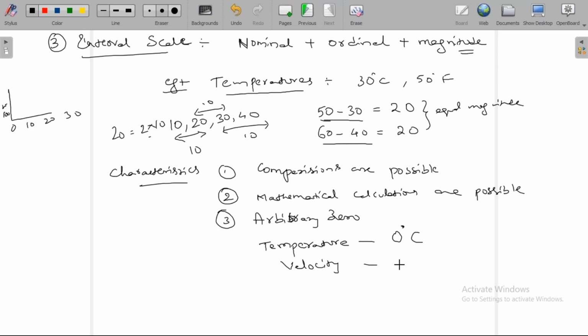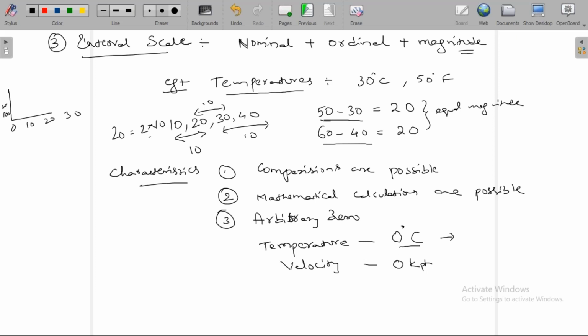Try to understand this: arbitrary zero and absolute zero. Arbitrary zero means temperature, like 0 degrees centigrade. I cannot say -1 student, but I still can say temperature is -2. This kind of scale is known as the interval scale.